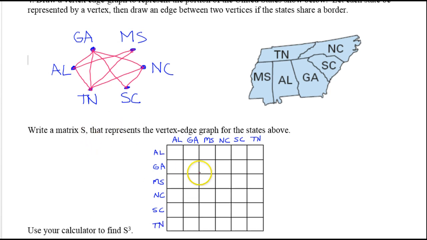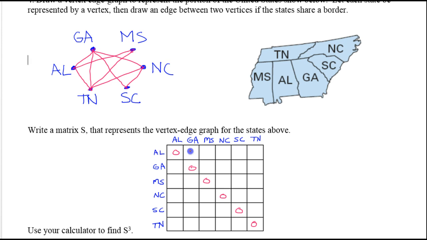We are also to create a matrix representing that same information. Let's start by putting zeros down the diagonal because it does not make sense for a state to share a border with itself. So that's what these zeros represent. No state can share a border with itself.